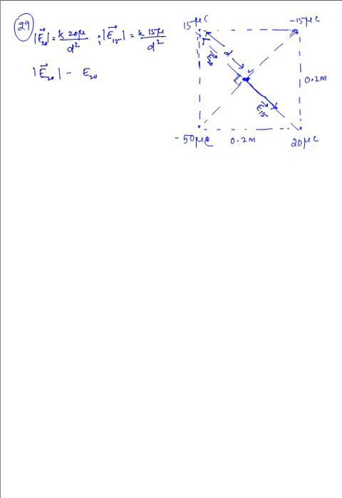Remember, because we are considering the magnitude over here, I'm taking the negative of one of the vectors. Had I kept that in vectors, then I would have done the vector addition, which would have resulted in the subtraction of those magnitudes. So that is equal to, if you take note, K over d squared is the same, but 20 minus 15 will be simply 5, and we can keep the micro as a common term.